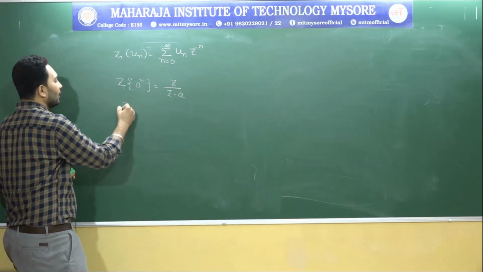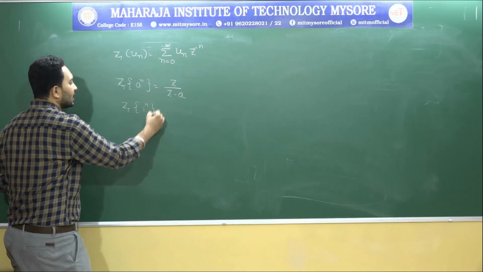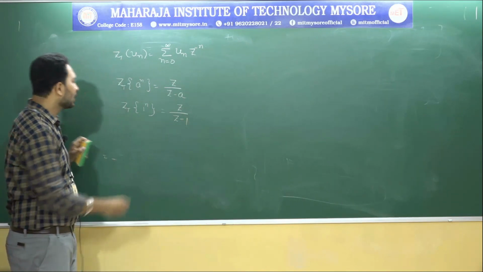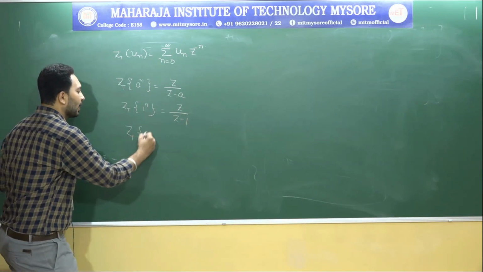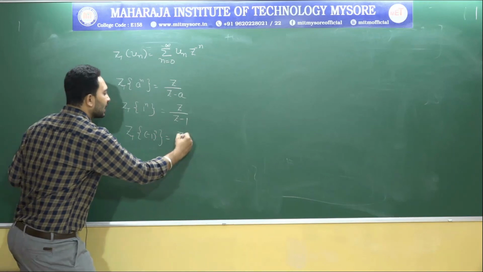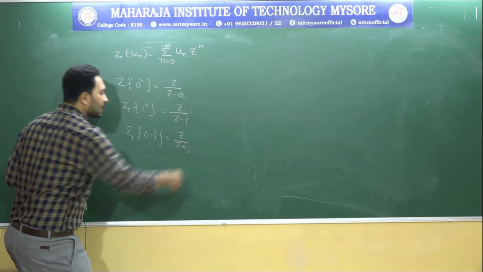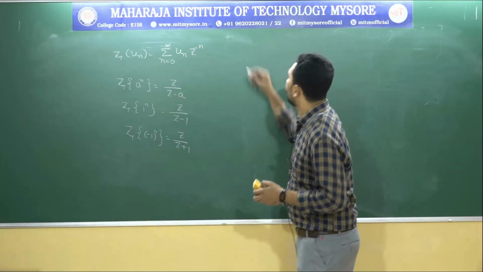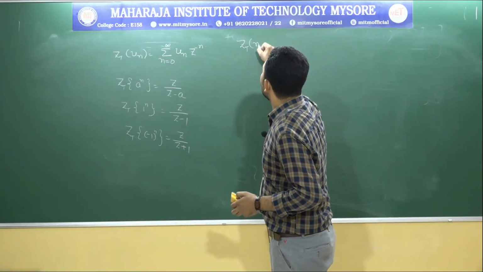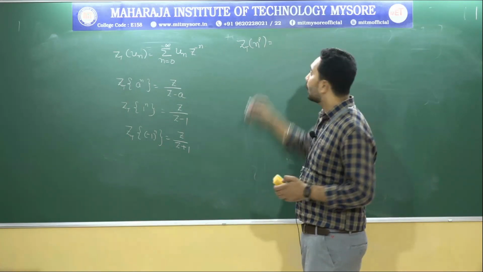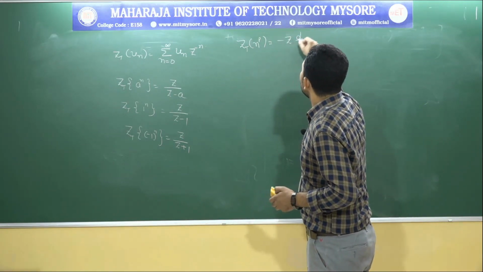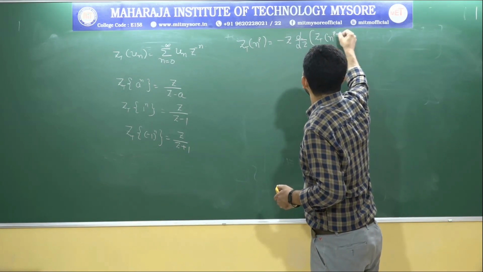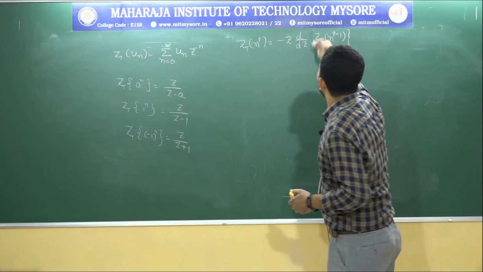By using this we have solved the z transformation of 1 power n, that is z divided by z minus 1, and the z transformation of minus 1 power n, that is z divided by z plus 1, and also majorly we have solved the z transformation of n power p, that is minus z into d by dz of the z transformation of n power p minus 1.